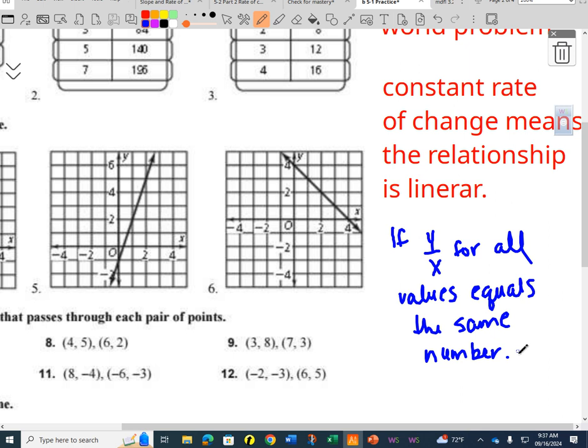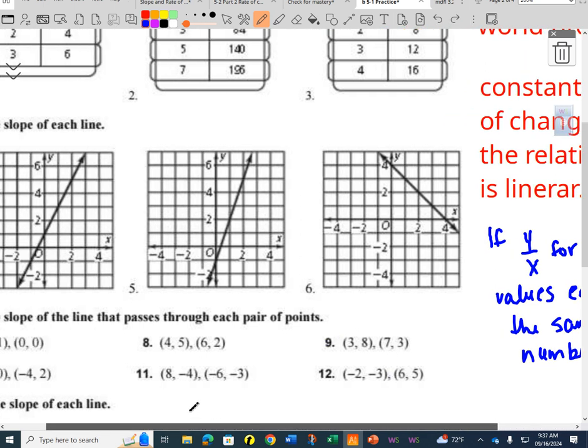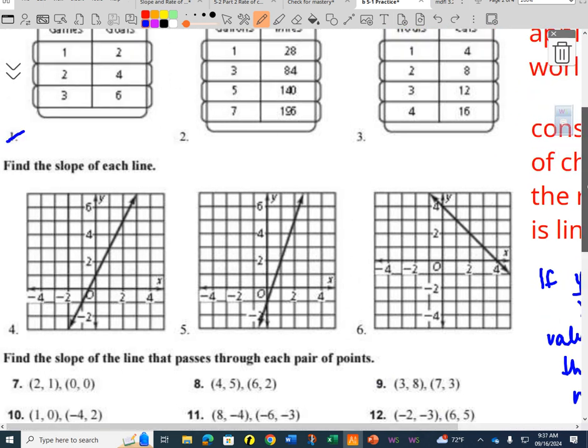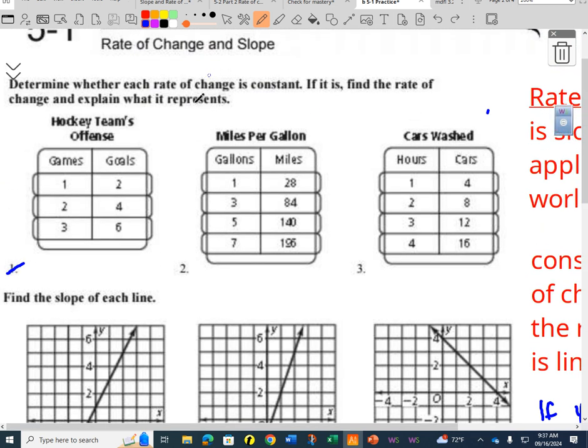Okay, so let's look at number 1. Here are the directions: determine whether it's a constant rate of change, and if it is, find the rate of change, and tell what it represents.